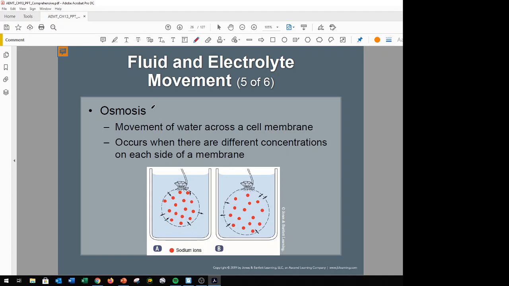Diffusion is moving a solid particle across the membrane, and it accomplishes the same thing as osmosis. Osmosis, though, is different because we're talking about moving water. We're not talking so much about moving solid particles. They're the exact same thing, minus that one difference: diffusion means solid particles. That's pretty much it.